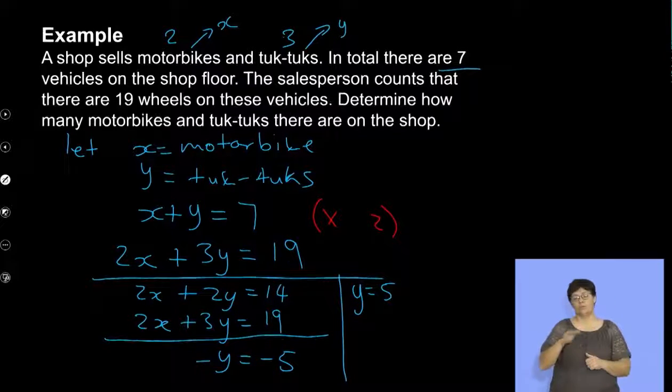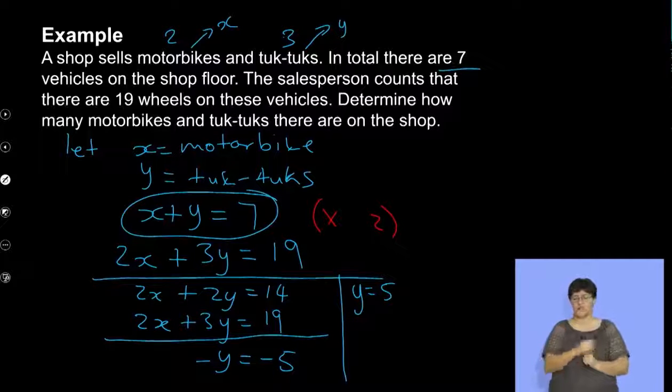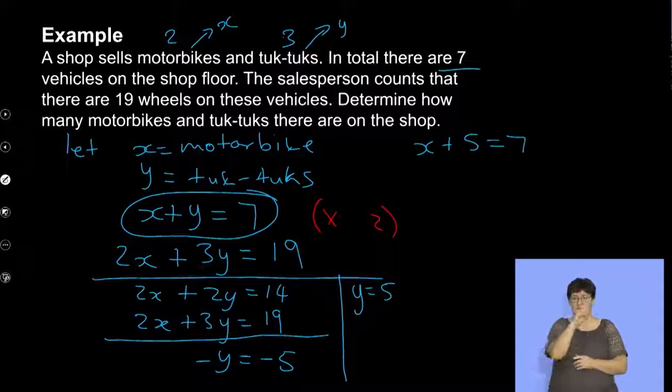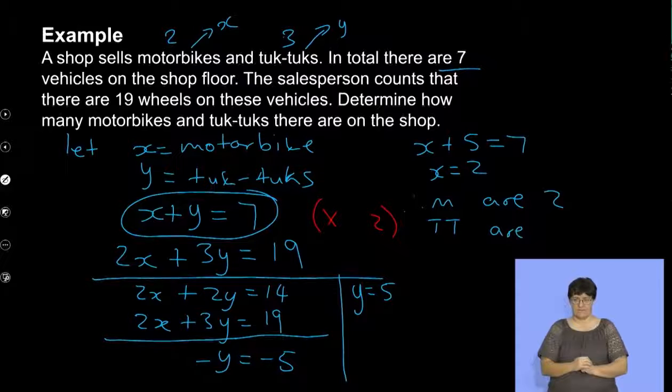The other one, automatically, you know that it will mean that I have 2 motorbikes. But to do that, you can use this original equation here. So you'll say x plus 5 equals 7, then x equals 2. Then you will conclude motorbikes are 2, and the tuk-tuks are 5.